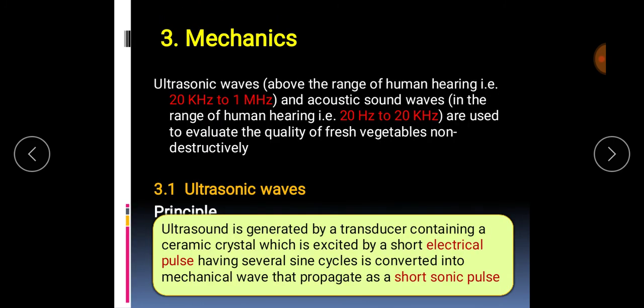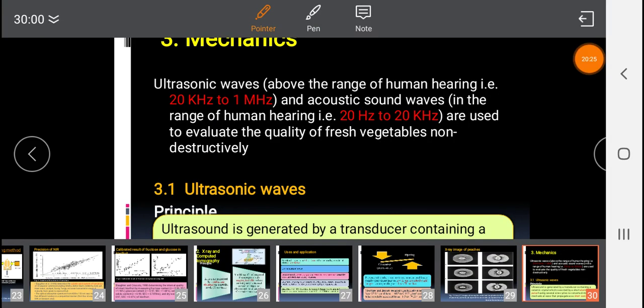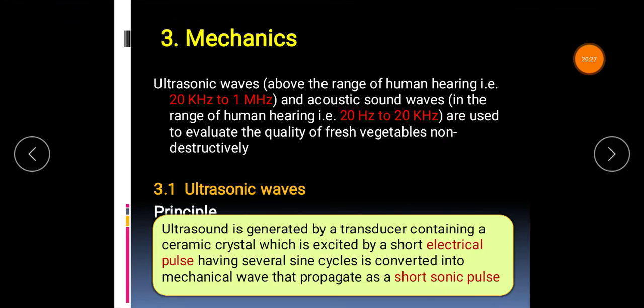Okay. Then mechanics. By the help of mechanics also, we can analyze food products. Ultrasonic waves above the range of human hearing, that is 20 kilohertz to 1 megahertz, and acoustic sound waves in the range of human hearing, 20 hertz to 20 kilohertz, are used to evaluate the quality of fresh vegetables non-destructively.